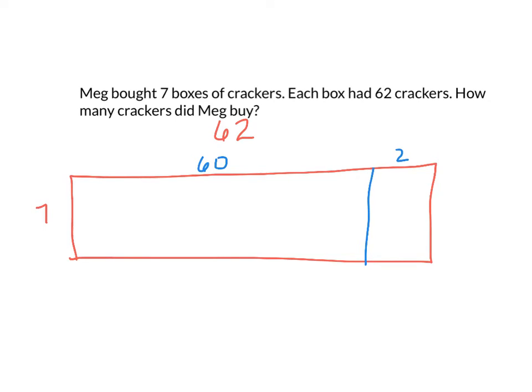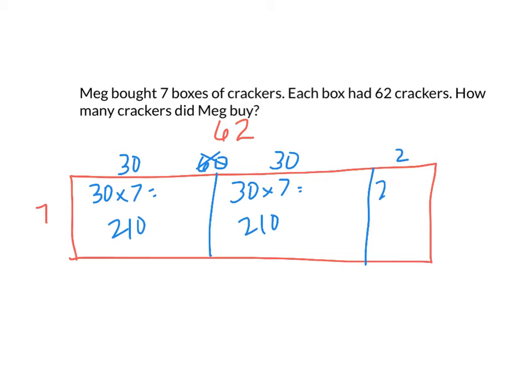Another way I could do this is I can keep the 2 over there. And instead of 60, I can make this 30 and 30. So, because 30 plus 30 is 60. So 30 times 7 is 210, if that feels friendlier to you.